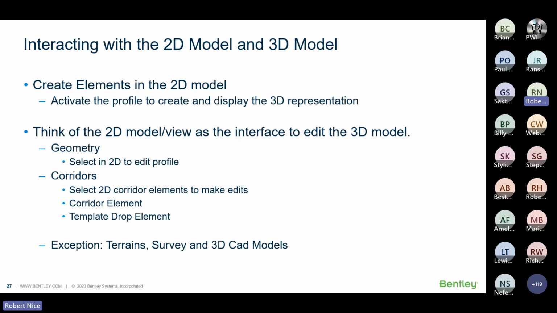So now we create everything, as I say, I'm talking about geometry here. I forget about terrain models. We create everything in the 2D model. As soon as I create a profile and activate that vertical geometry, some lines and curves and stuff, the 3D model is created. So it says here, think of it as an interface to the 3D model.